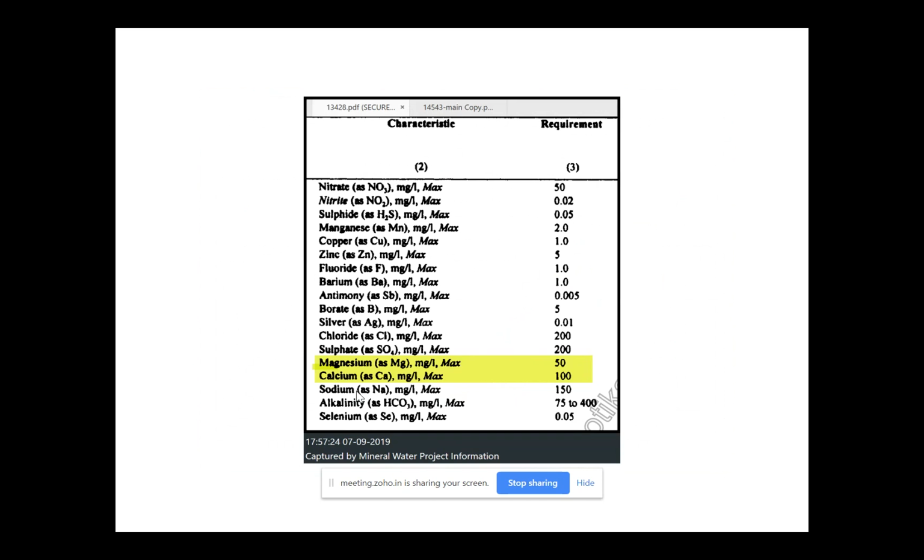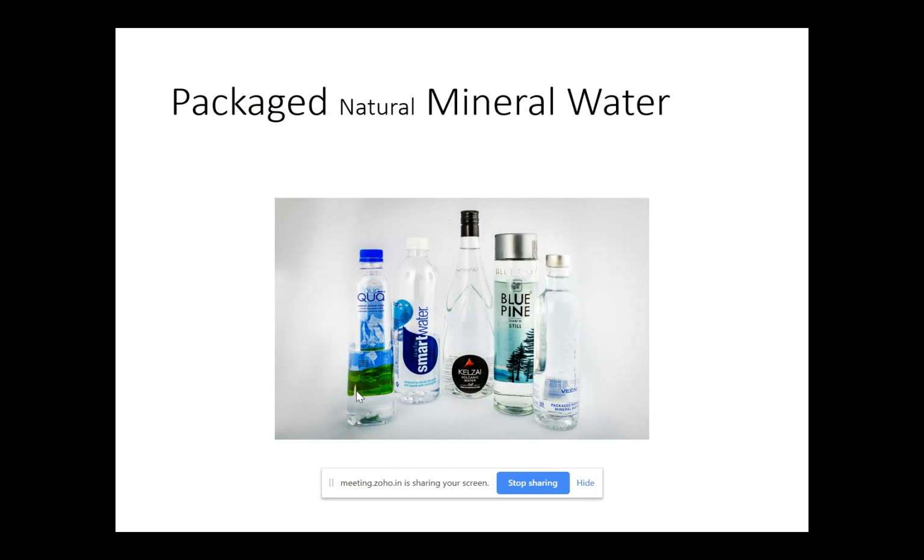If you can see properly, nitrate says milligrams per liter maximum, 50 milligrams and all that. If your water qualifies to these standards, then you can claim your water as packaged natural mineral water.